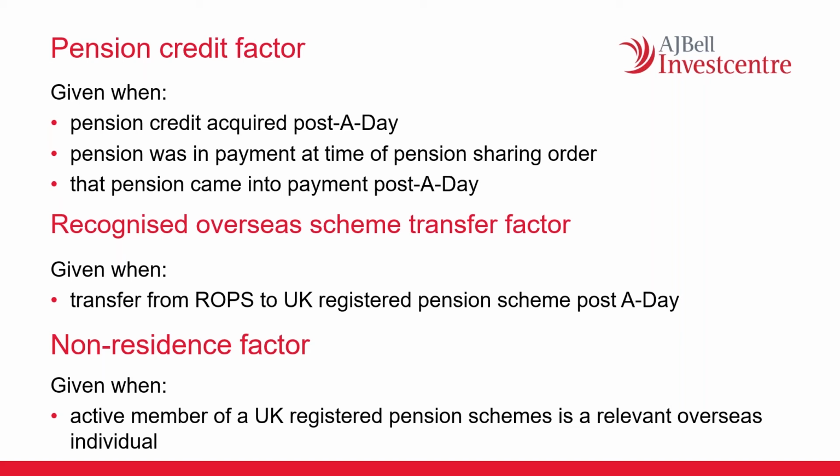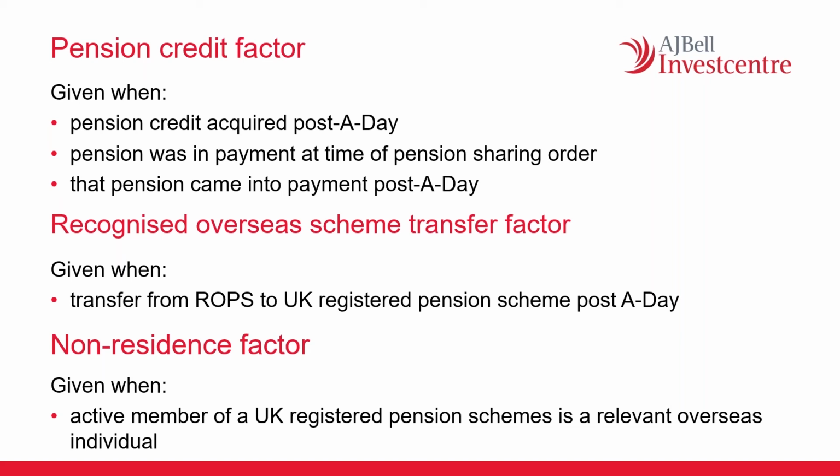The next one is the recognised overseas scheme transfer factor. This is where you get a transfer in from ROPS, or secure ROPS, to a UK registered pension scheme since A-Day. That's because if pension funds have originated overseas, they won't have benefited from UK tax relief.